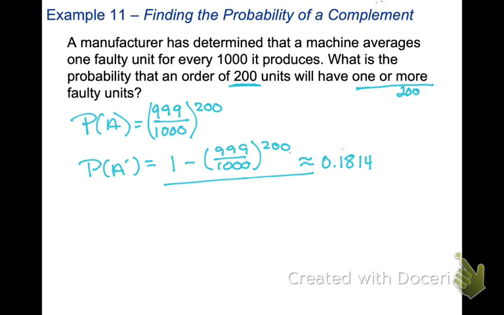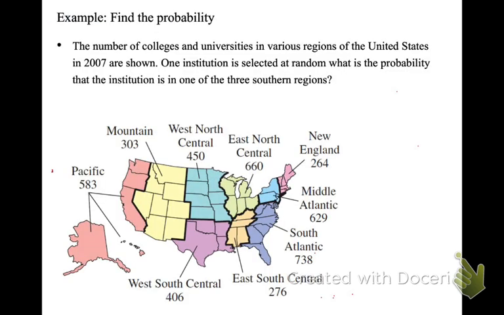Let's see if I have another one. The number of colleges and universities in various regions of the United States in 2007 are shown. One institute is selected at random. What is the probability that the institution is one of the 3 southern regions? Well, what are the southern regions?